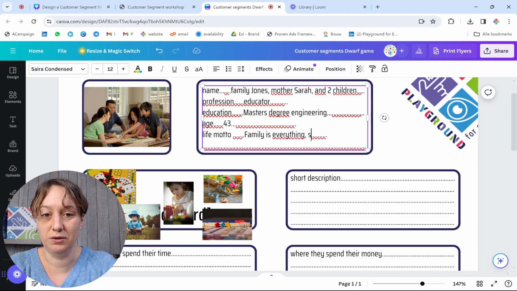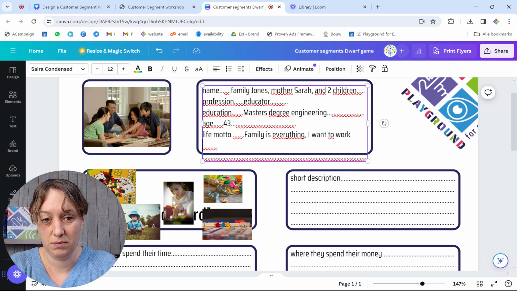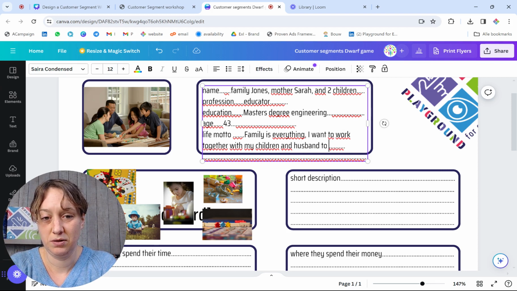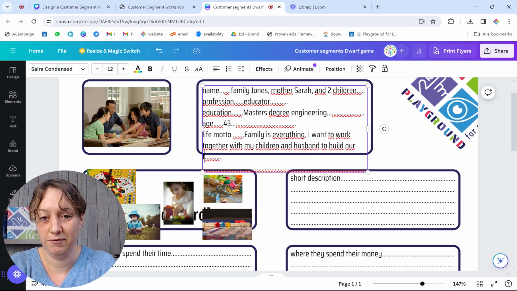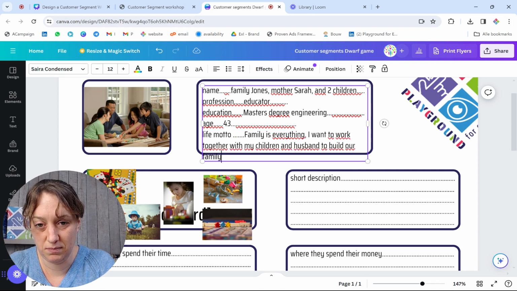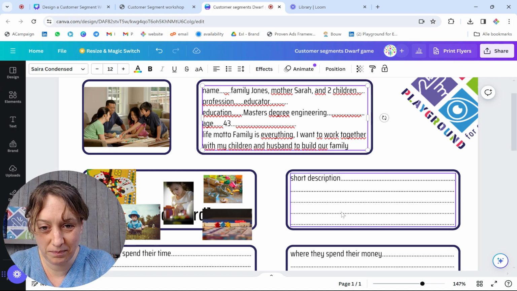And she wants to work together with my children and husband to build our family. That would be a life motto.